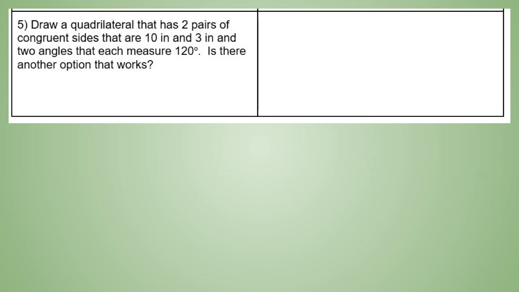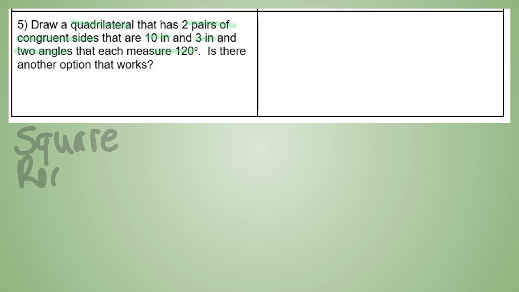All right, this is question number 5. It says draw a quadrilateral that has 2 pairs of congruent sides that are 10 and 3, and 2 angles that are both 120. And we're going to look for all of our options. So let's go ahead and write out our options. We could do a square.